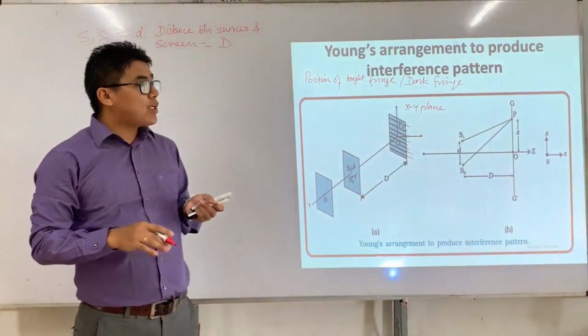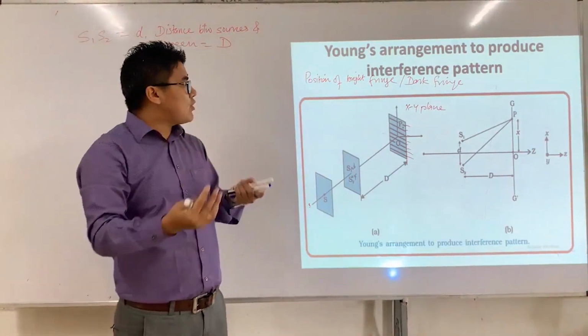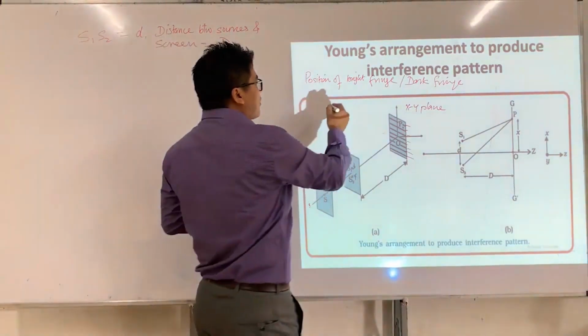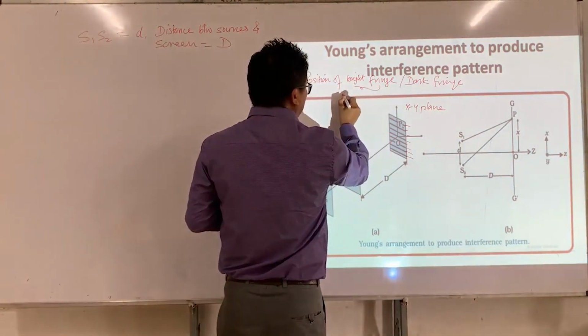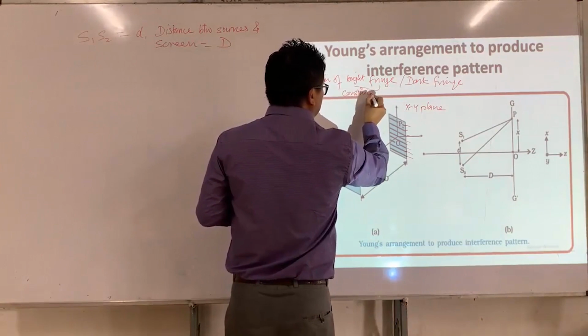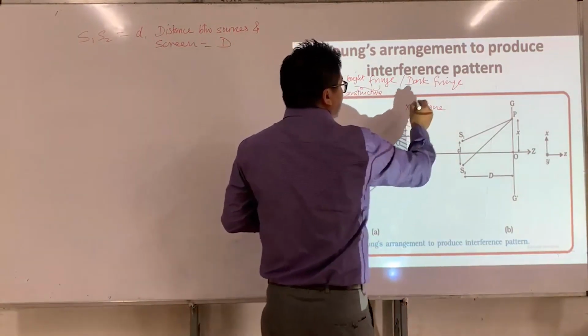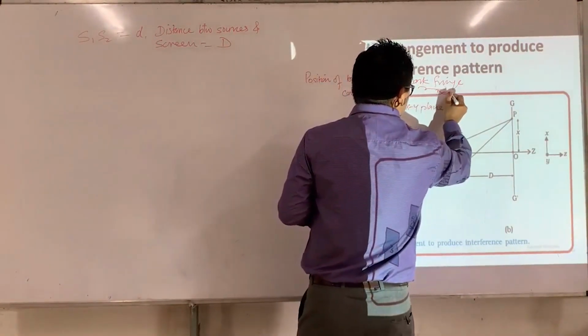At what positions do we normally get a bright, and at what position a dark? The bright is what we call constructive interference, and the dark is what we call destructive interference.